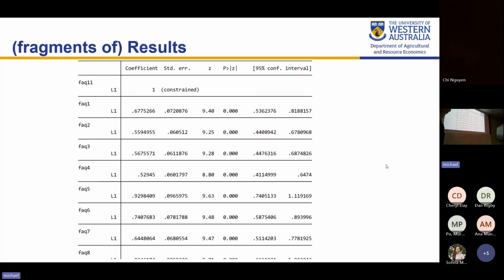It shows you what the weight is, or the relationship that's being estimated between the latent variable, here called L1, and the answer they were given on that condition, on that question. We have to constrain one of them to equal 1 for identification, and I've constrained it so that the one with the biggest weight is constrained to be equal to 1. So everything else is going to be smaller than 1.